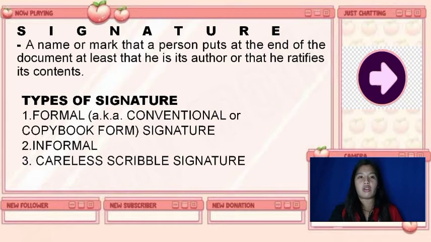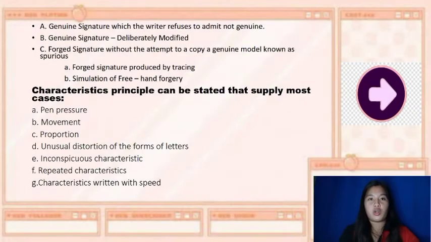Genuine signature, which was written, refuses to admit it is not genuine. Generally, the indications of forgery are the presence of tremors, retouching, and poor line quality.